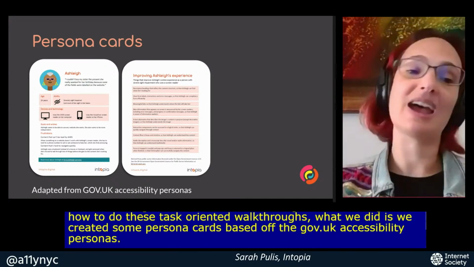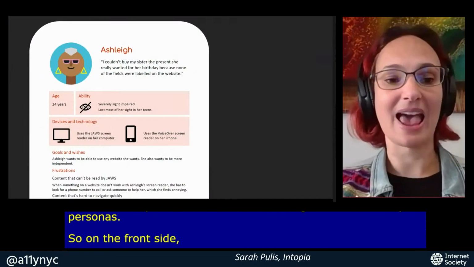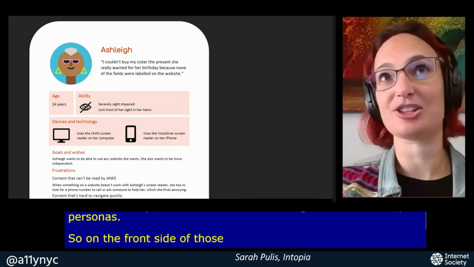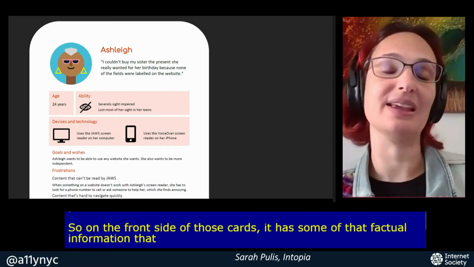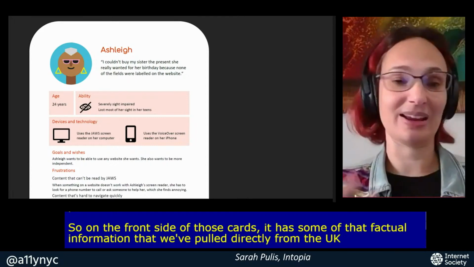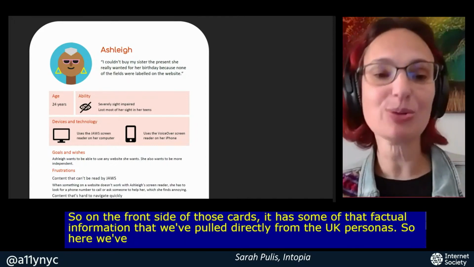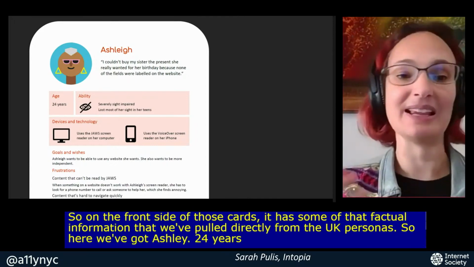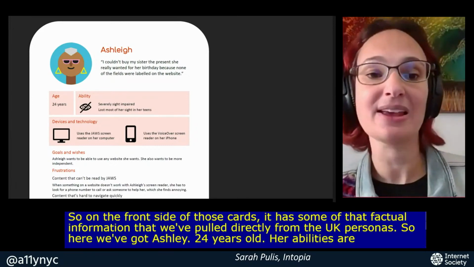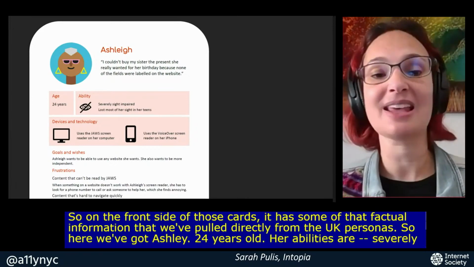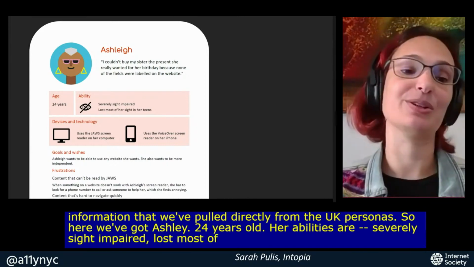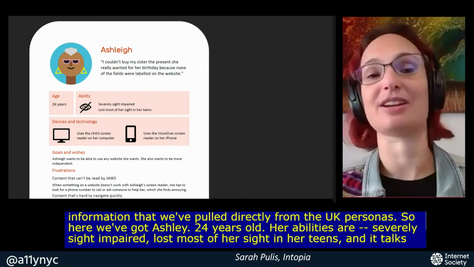On the front side of those cards, it has some of that factual information that we've pulled directly from the UK personas. So here we've got Ashley, 24 years old, her abilities are severely sight impaired, lost most of her sight in her teens, and it talks a little bit about the technology she uses, her goals and her frustrations.